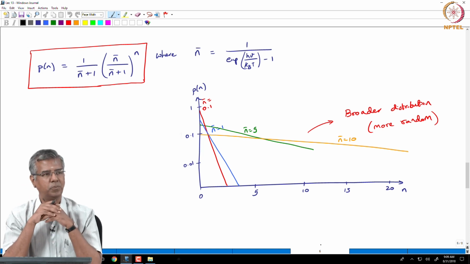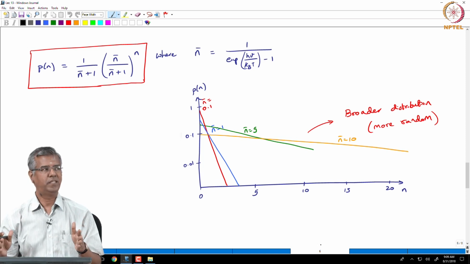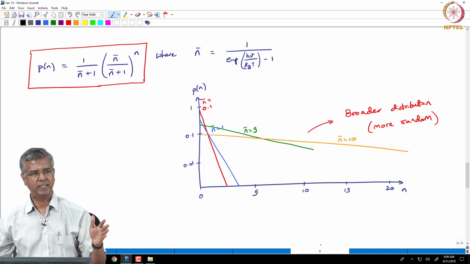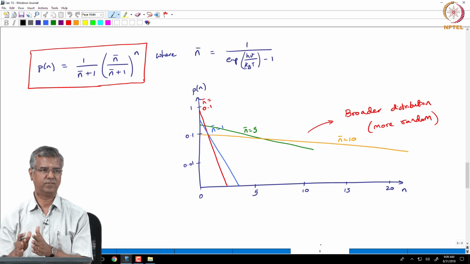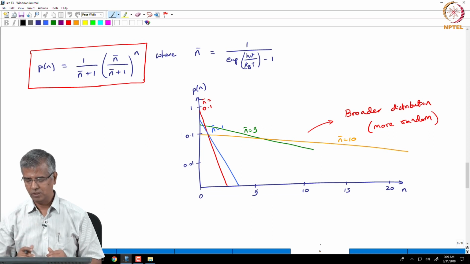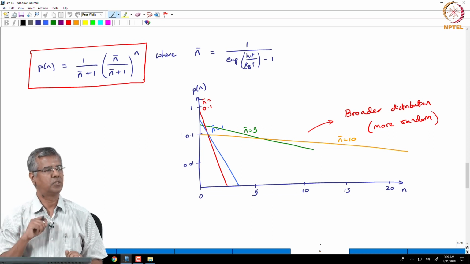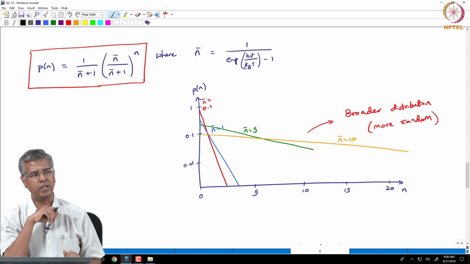What happens to the distribution? What do you think the distribution would look like? This entire distribution would essentially collapse to that specific value that we are looking at.